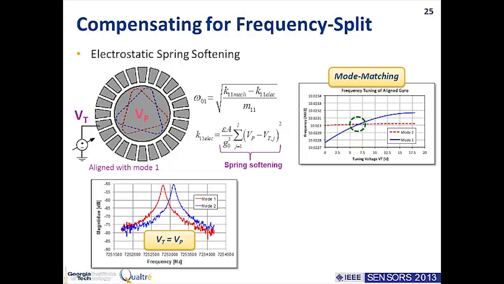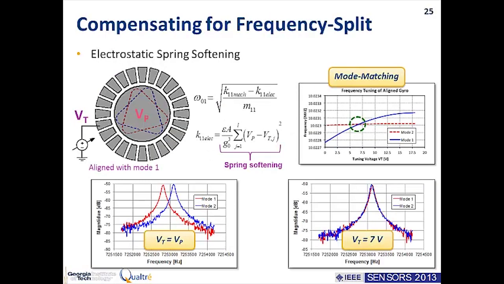So if you change the value of this potential, the mode that is aligned with that electrode is going to have a much larger changing frequency because you're changing K electrical, as compared to the mode whose node is aligned with that. So basically, you can find a particular voltage in which these two frequencies are equal, and you can correct for that error and bring your part back to a mode match condition.